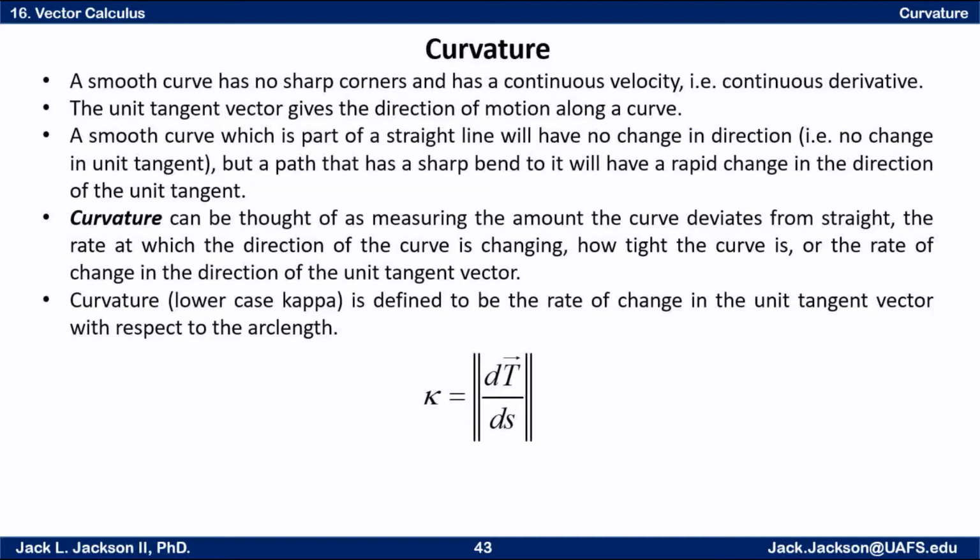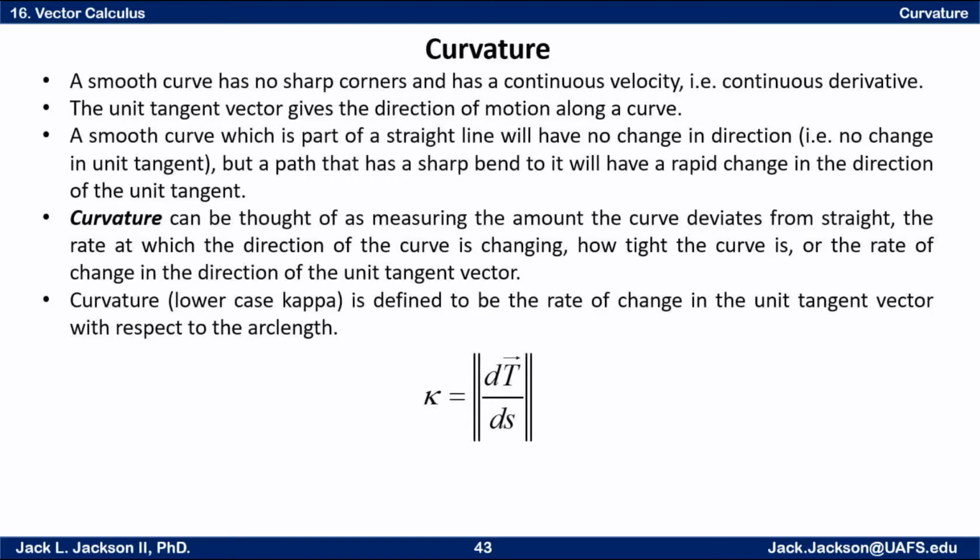So curvature, lowercase kappa, is defined to be the rate of change in the unit tangent vector with respect to arc length. So that's dT/ds, and then take the norm of that.